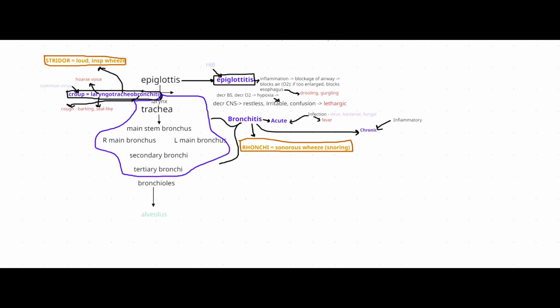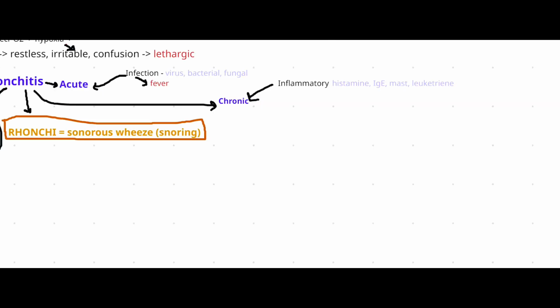Bradykinin, we won't add those. Leukotriene, that's the one that I wanted to say, leukotriene. So these inflammatory mediators cause the chronic bronchitis, right? So chronic bronchitis is inflammatory.